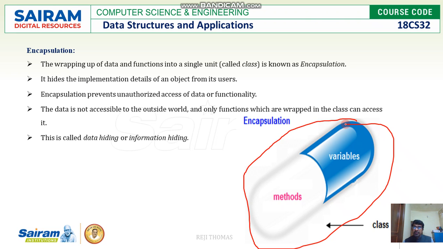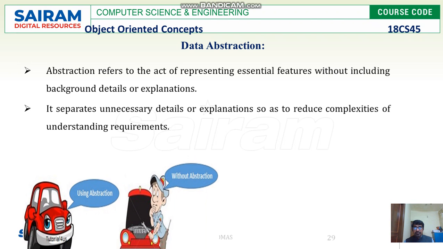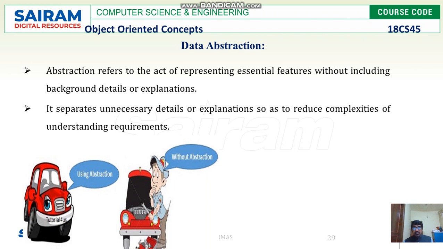So, which is going to provide a means of data hiding, or we call it information hiding. Next important feature is data abstraction, which represents an act by which the essential features are provided without giving the background details or background explanation.